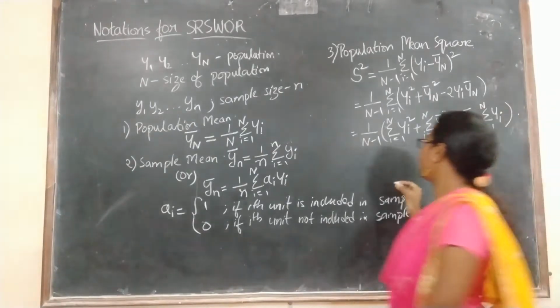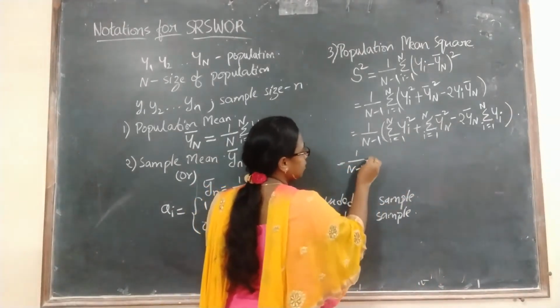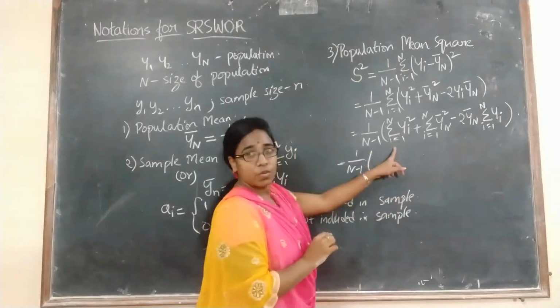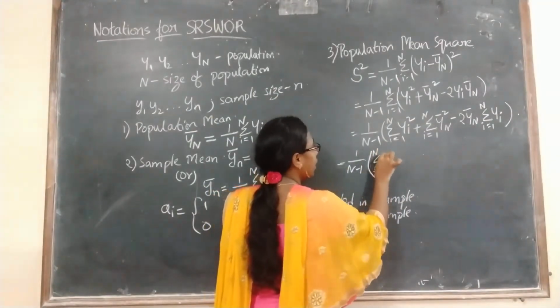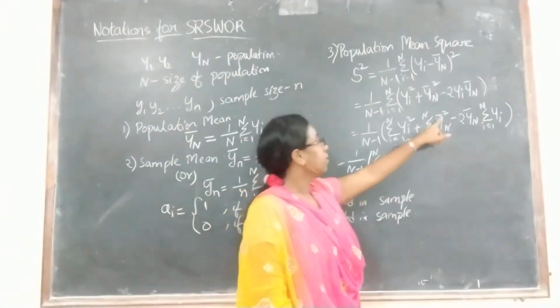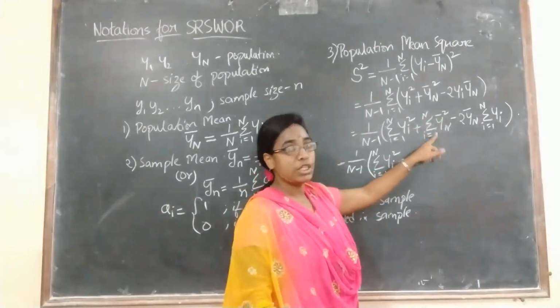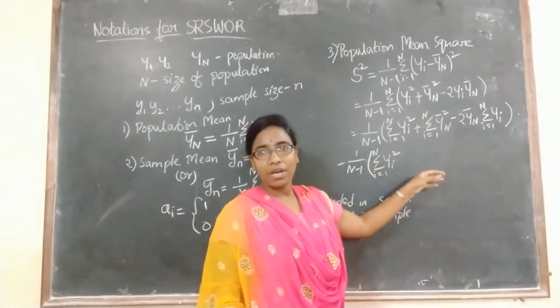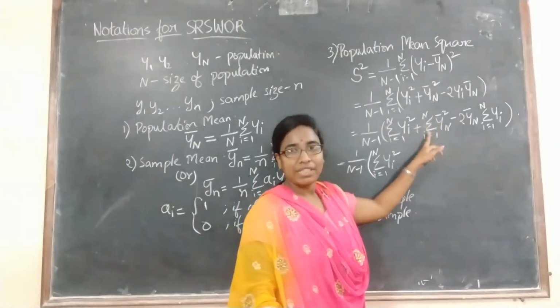So next step is you will write 1 by N minus 1 as it is. This one also as it is, that is summation i equals 1 to N yi square. If you observe here you have y N bar. The summation is i equals 1 to N, there are no i values to substitute, so in total there are capital N values.